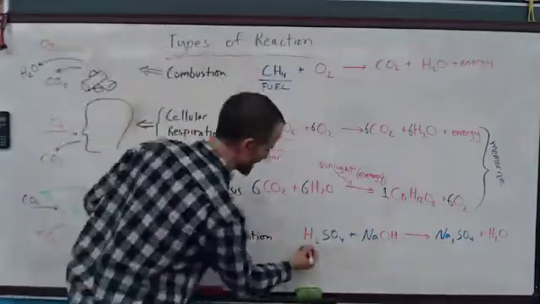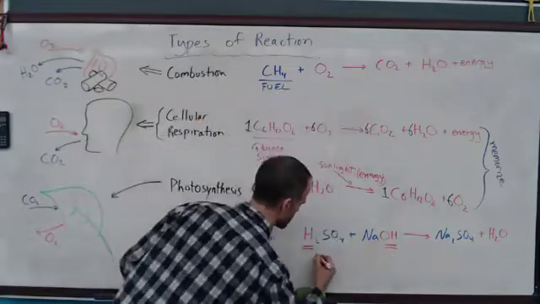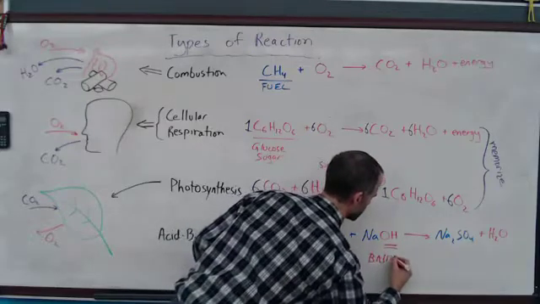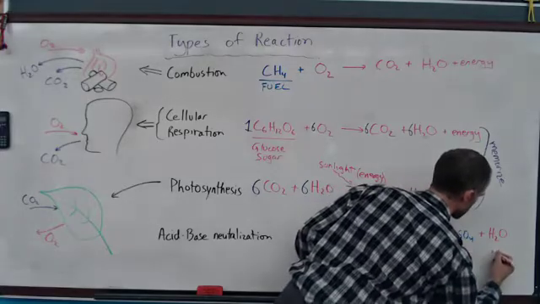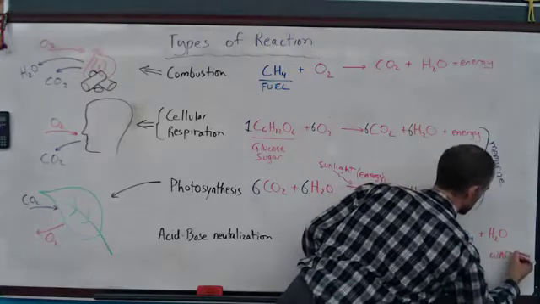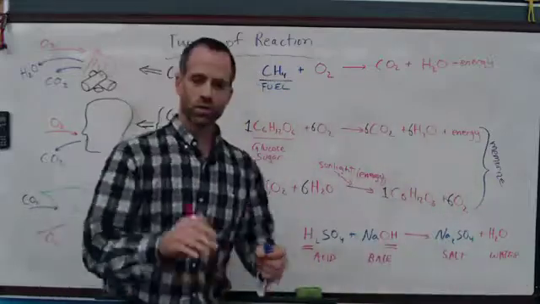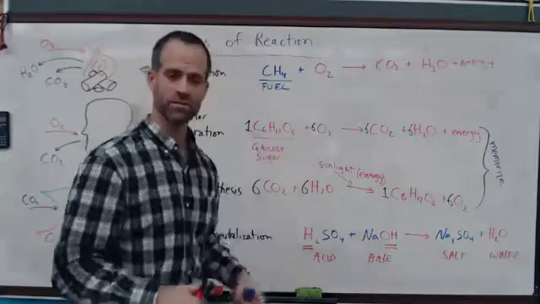Okay, how do you know an acid? Well, an acid has H's, a base has OH's, right? Acid plus base gives salt, which is a metal and nonmetal, plus water. Okay, so you are expected to memorize examples of these three.